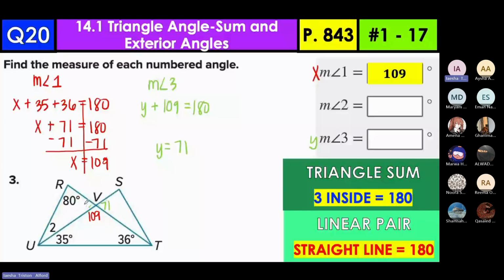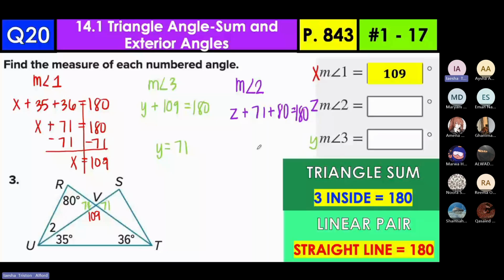So what number should be here? 71. Now, can you find the measure of angle 2? I'm going to use z. So you can use triangle sum. z plus 71 plus 80 equal 180.